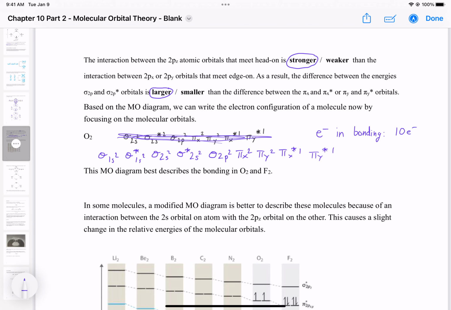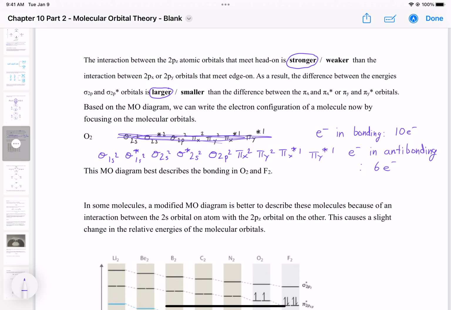And then if we have electrons in antibonding orbitals, we have 2, 4, 6. So 6 electrons. So you see here we have a difference of 4 electrons. 4 more electrons are in bonding molecular orbitals.